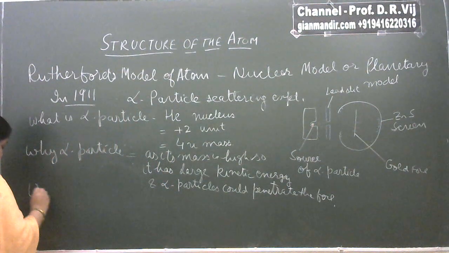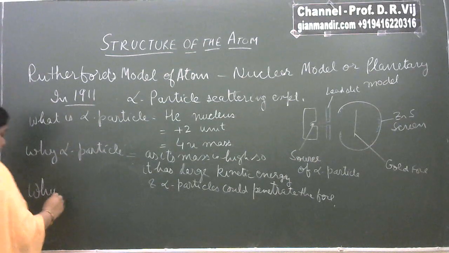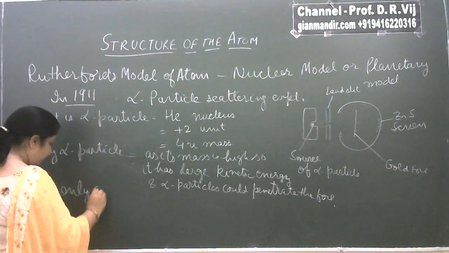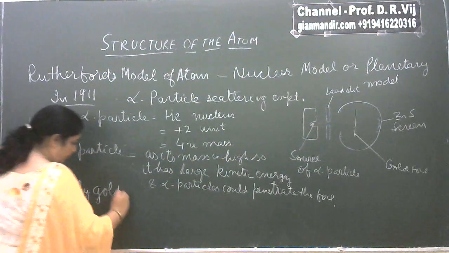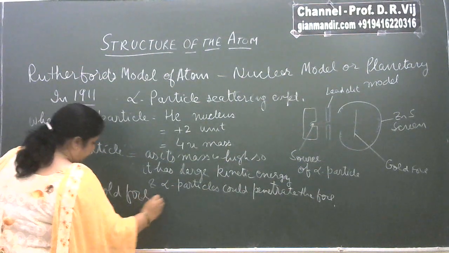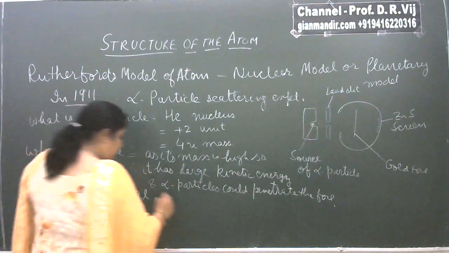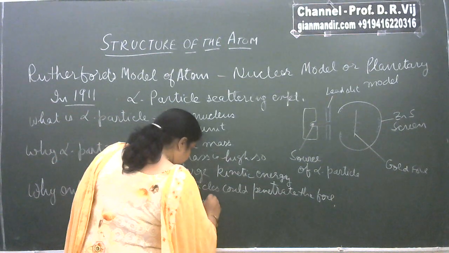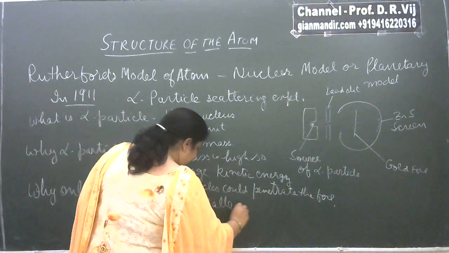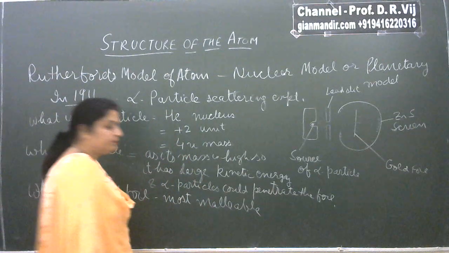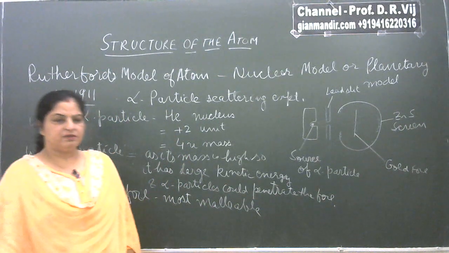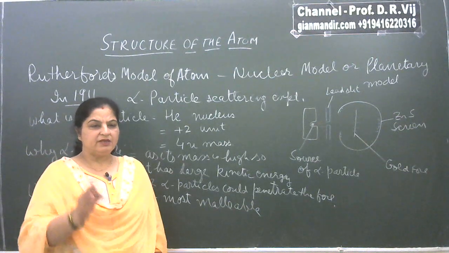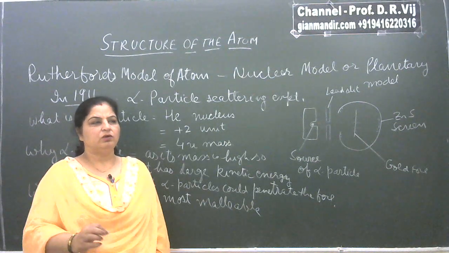Another query is, why only gold foil? As you know, gold is the most malleable metal, and because of its maximum malleability, it is possible to obtain the thinnest possible sheet of gold.